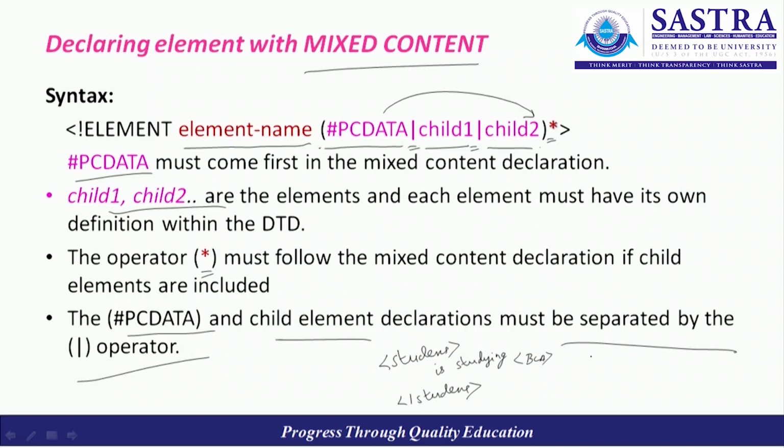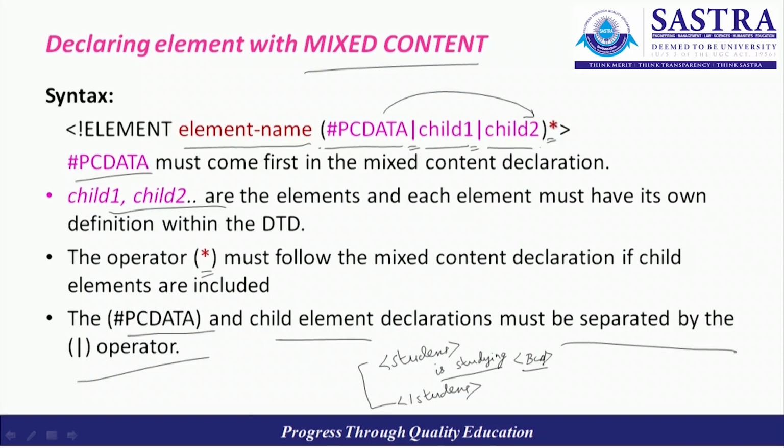BCA is a child element for student. I would like to specify that BCA is an empty element. What is that empty element? I can show you. Before that, this is a mixed type element, because the student is carrying text as well as a child element. So this is mixed content.